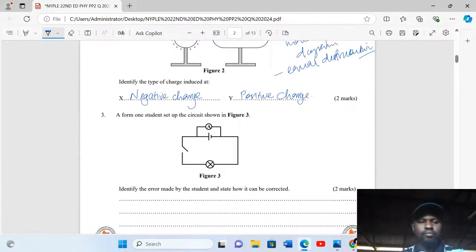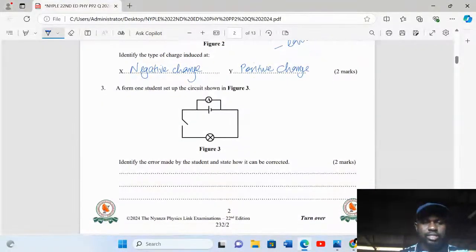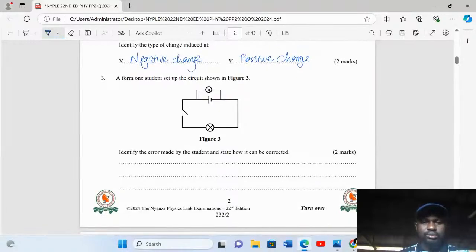The next question: a student set up the circuit shown below. Identify the error made by the student and state how it can be corrected. If you look at this diagram, you'll find that from the cell, you're having an ammeter that is connected in a parallel manner.